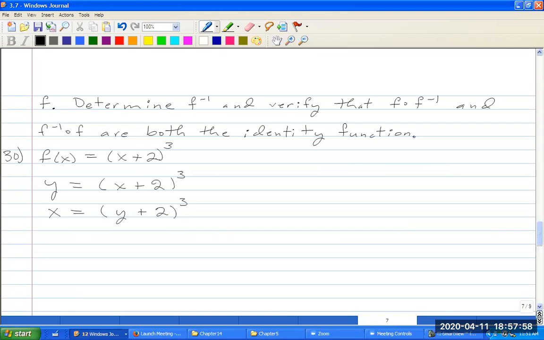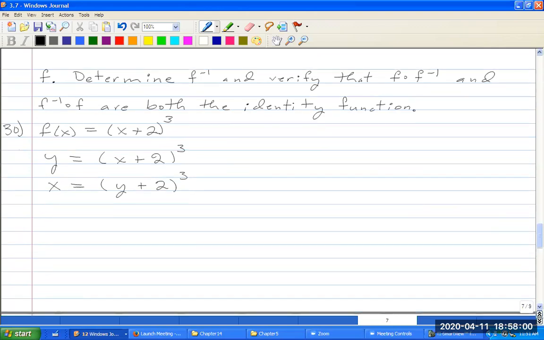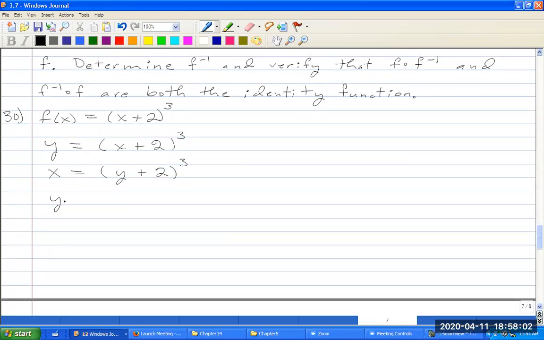Solve. So take the cube root of both sides of my equation. So y plus 2 is the cube root of x. Subtract 2 from both sides. So y equals the cube root of x minus 2. Therefore, the inverse function is just given by the following rule.